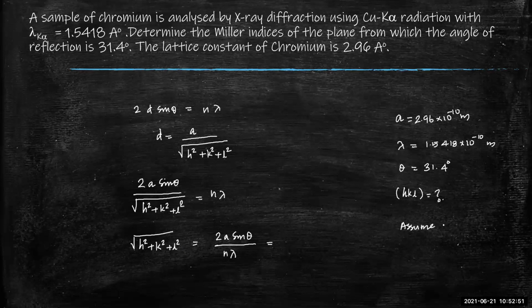Here we assume n is equal to 1, the first order diffraction. Then substituting the values, 2 into a is equal to 2.96 into 10 raised to minus 10 into sine 31.4 divided by 1.5418 into 10 raised to minus 10.